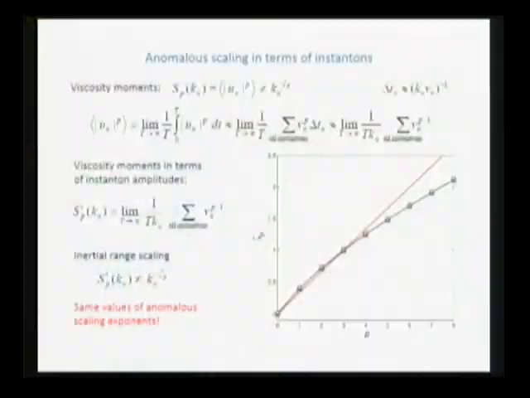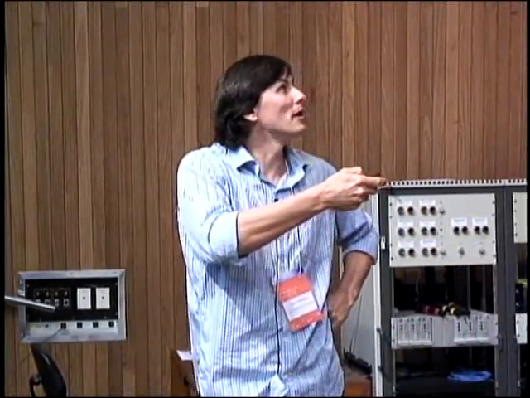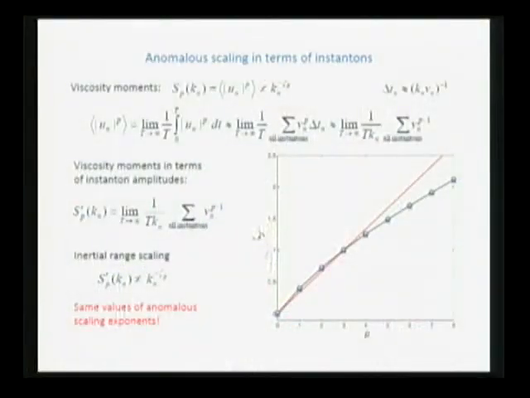What we do is construct sums which have the same dimension as the initial integral, and it gives exactly the same scaling law. If you consider an integral in time, it's clear to assume that, especially for the intermittent case, the main information is in the maxima of this function.